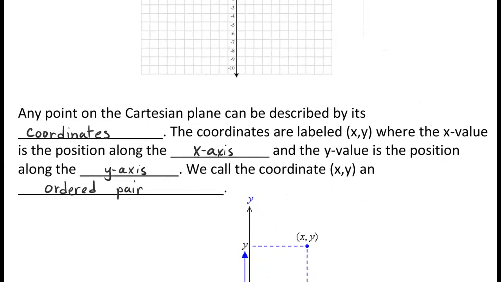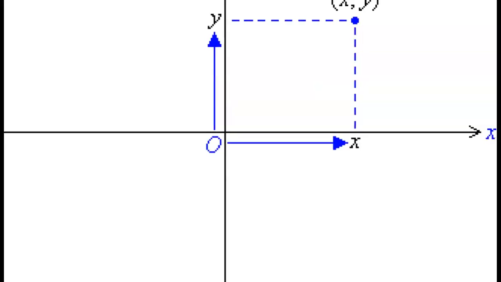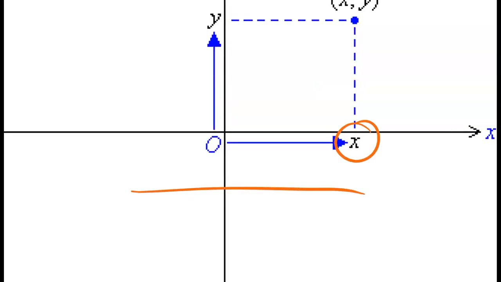So any point on the Cartesian plane can be described by its coordinates. The coordinates are labeled (x, y), where the x value is the position along the x-axis, and the y value is the position along the y-axis. We call the coordinates (x, y) an ordered pair. Looking at x, it's what's running left and right.